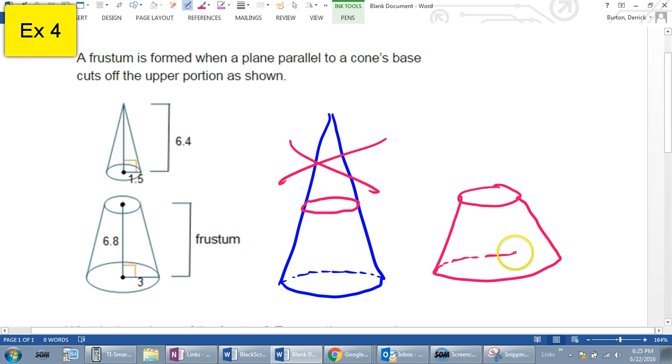Okay, this shape right here is the frustum. It's what you get if you take the top of a cone away.